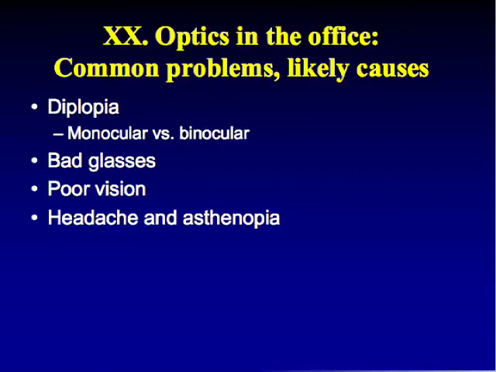If you were, say, an oral examiner, you've got to have clinical scenarios that are relevant that still allow the candidate to show their understanding of optics in a clinically relevant way. So we're going to talk about double vision, bad glasses, poor vision, and headaches and asthenopia.